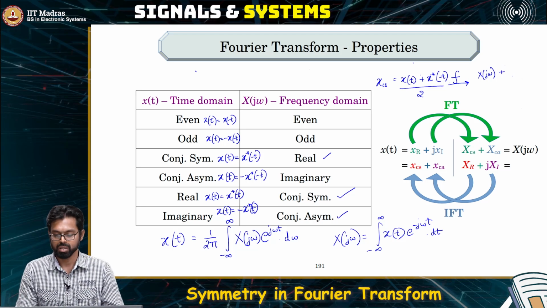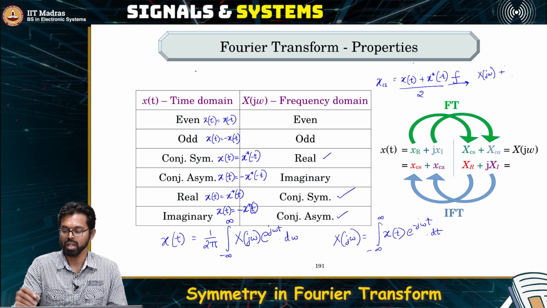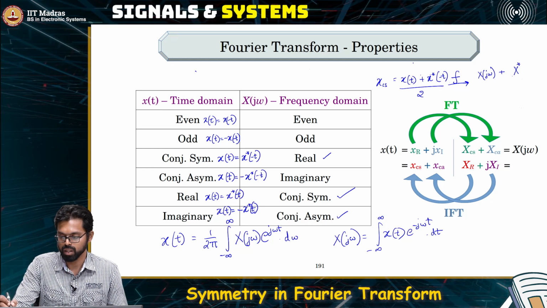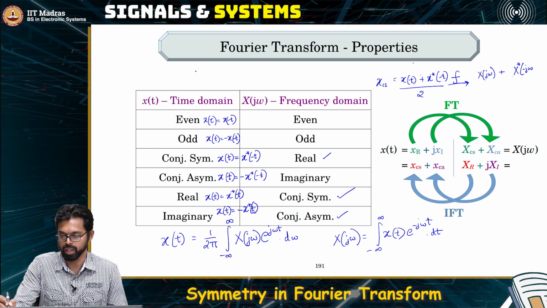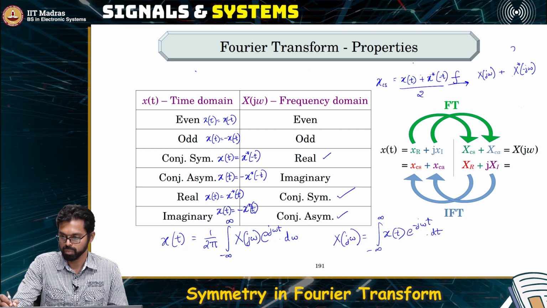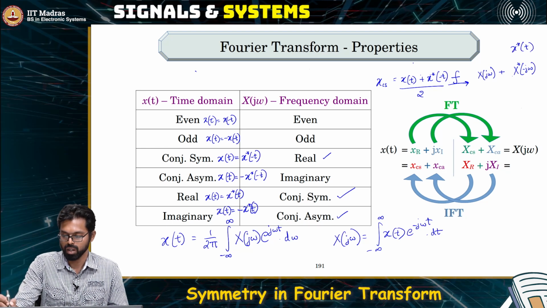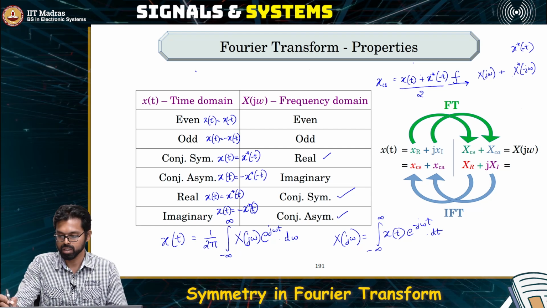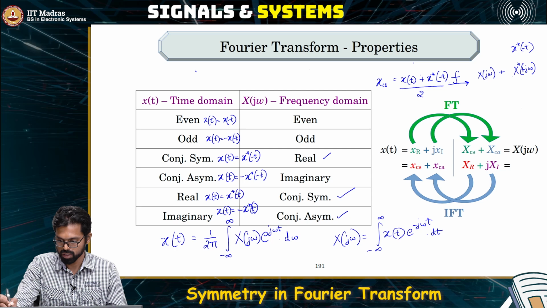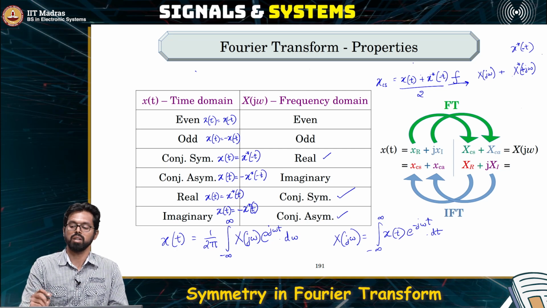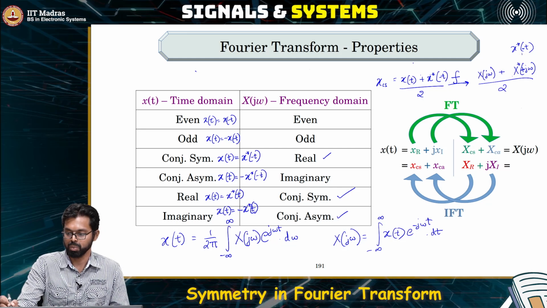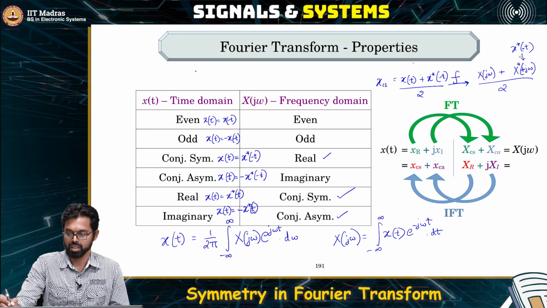And what is the Fourier transform of x star of minus t? The Fourier transform of x star of t is X star of minus j omega. So this is for x star of t. Now if you are just reversing the time, then there is a reversal in frequency, which means this is the new spectrum. So this is the spectrum that corresponds to x star of minus t.